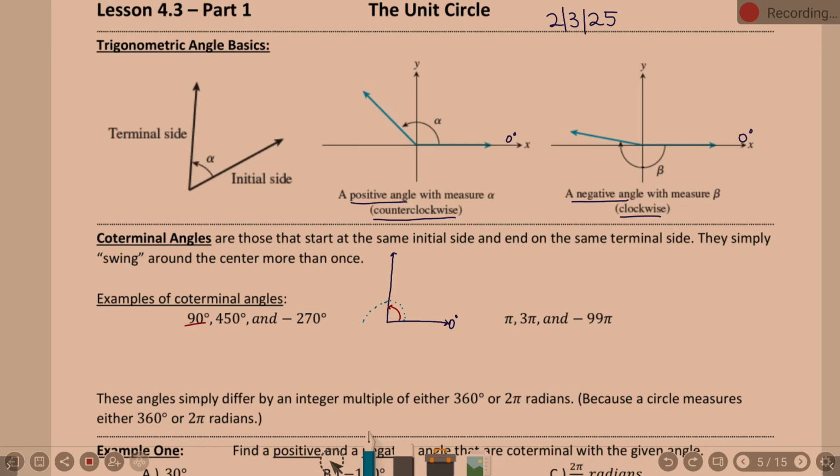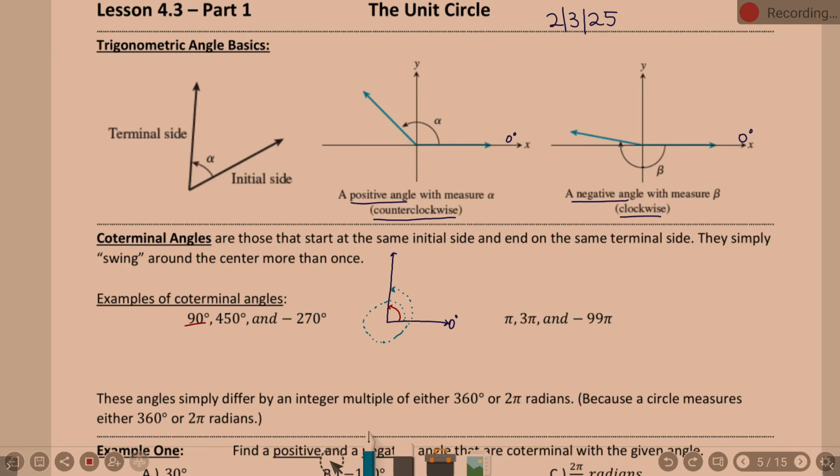What am I at if I'm at right there? 180. Keep going. What am I at when I'm at the straight down point? What's 180 plus another 90? 270. Keep going. Now I'm back at my beginning point. What is this? 360. Where am I at if I go one more 90 degrees? What's 360 plus another 90? 450, yes? Have I kind of convinced you that 90 and 450 are the same thing?